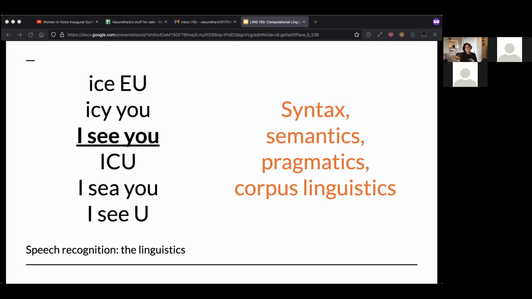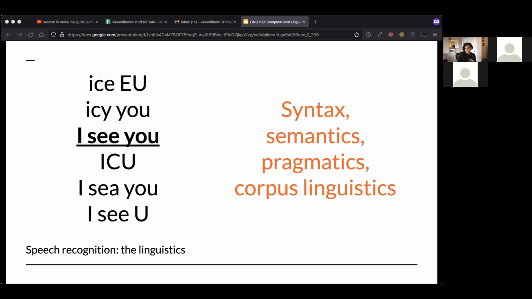Syntax is how words are put together. So for example, the third option there, I see you, is a subject verb object sentence. When you hear it on its own, it's probably a full sentence with a verb in it, compared to some of the other ones where it's just 3 nouns in a row.